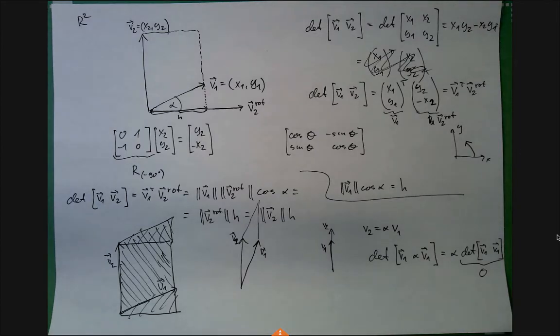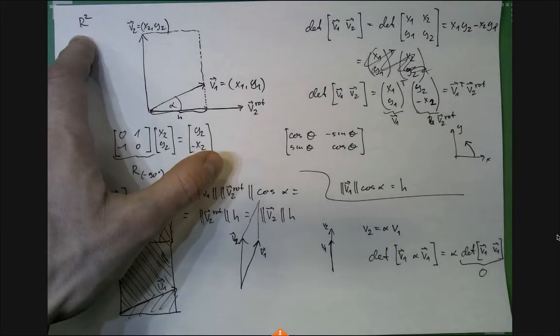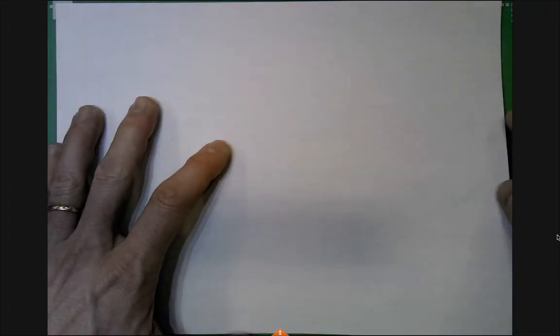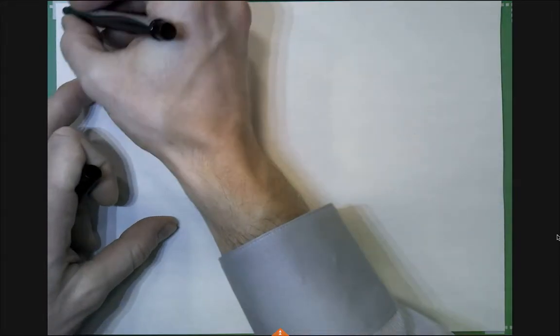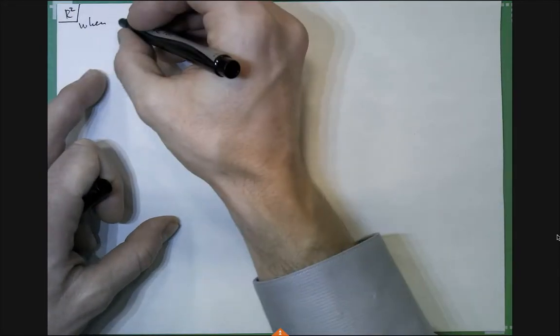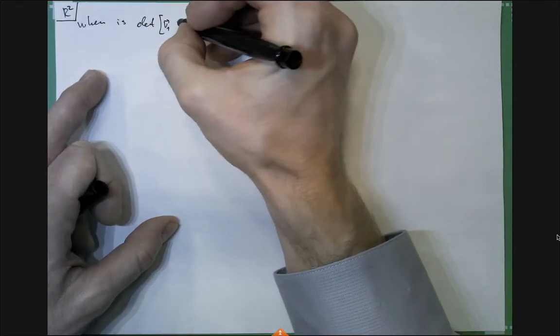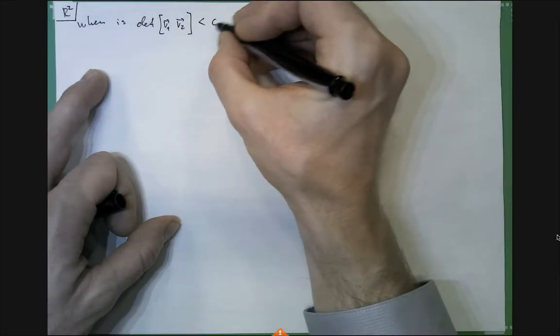So let's think about it. What does it mean? Let's look at it this way. If you are staying in 2D in a flat plane, when is the determinant negative? So let's think about it for a second. Again, in 2D, when is the determinant of v1 and v2, those are my 2 2D vectors, exactly negative?